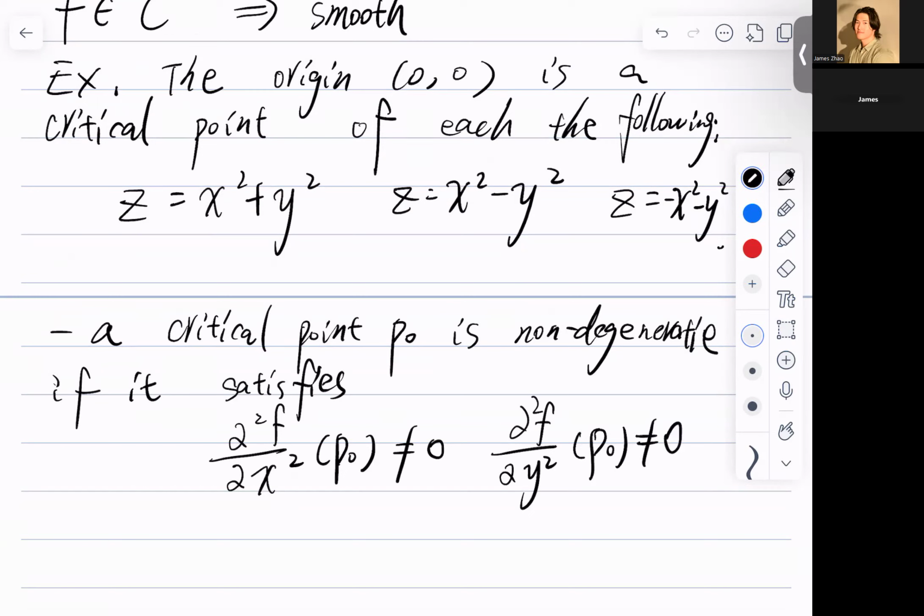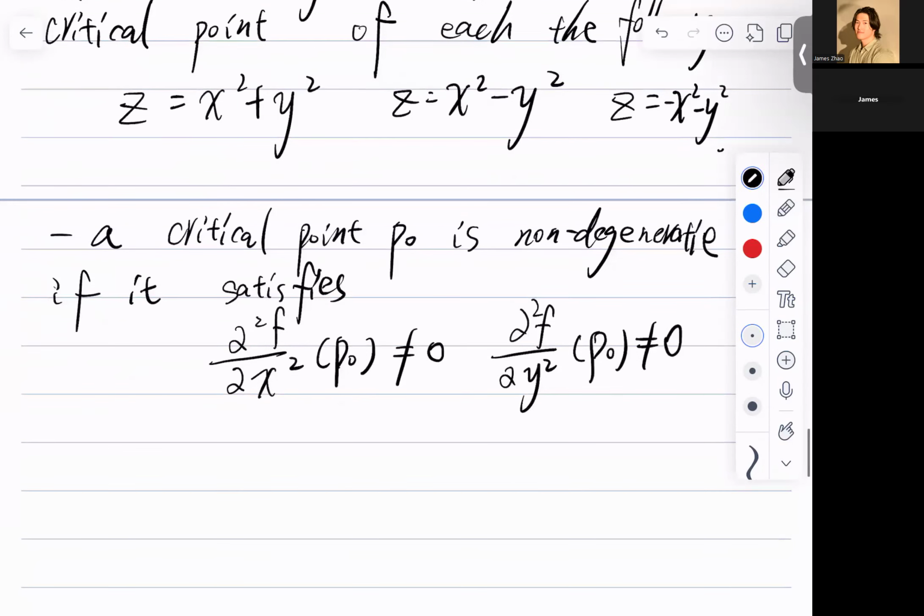This seems natural, right? This kind of seems like how we would want to define what a non-degenerate point is if we just import our definition from earlier, right? But this is wrong. This is not how we want to define this.